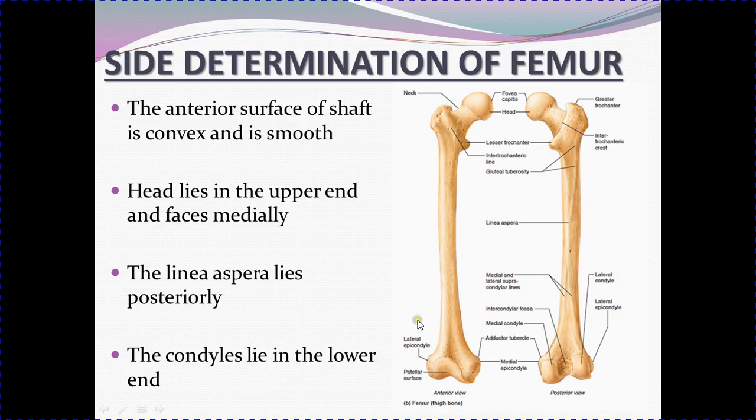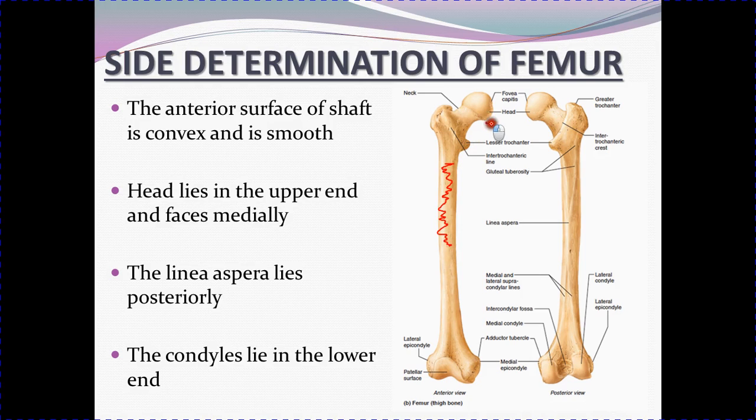The side determination of the femur is very easy. You have to remember a few points for side determination. The first and important is that the anterior surface of the shaft of the femur is convex and smooth.